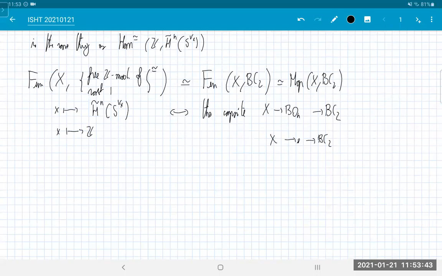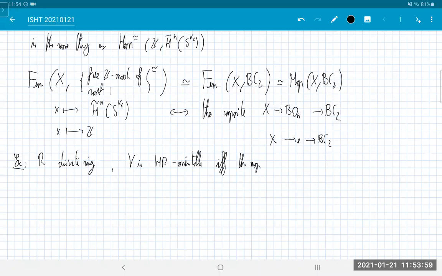And let me put it, I'm already way over time. Let me put it as an exercise. Let R be a discrete ring. V is HR-orientable if and only if the map X to BO_n to BGL1 of R is null homotopic.